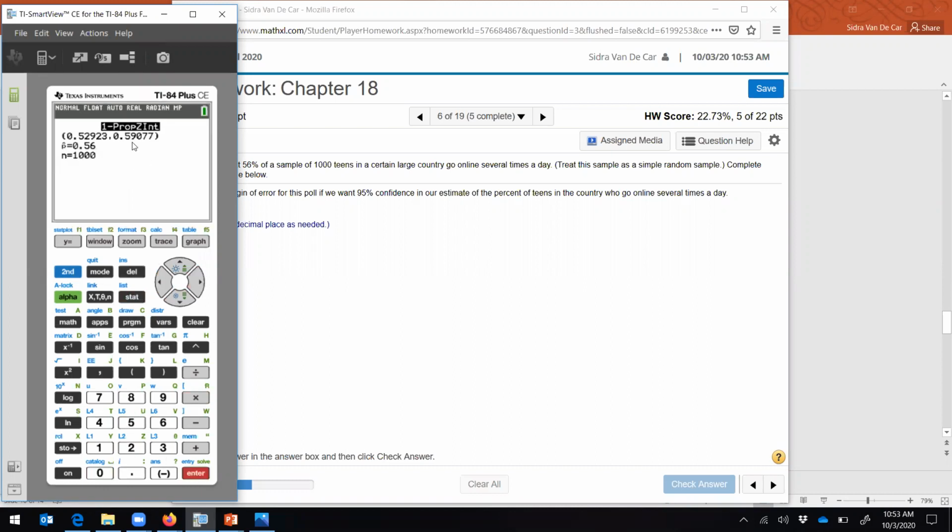All right, so notice we get 0.59077. So I'm just going to subtract 0.56 from it because I'm going to remind you again what I'm doing here. This interval is saying here's the 0.52923. Here's the 0.59077.